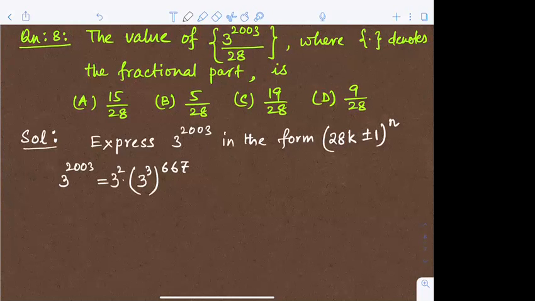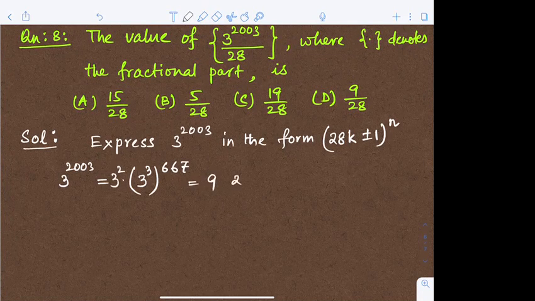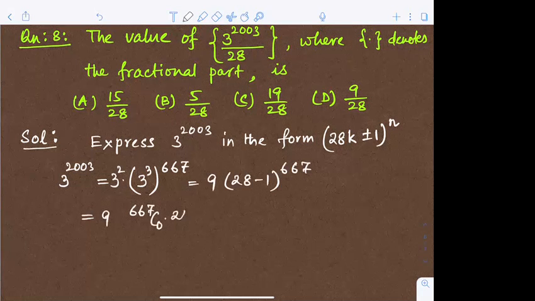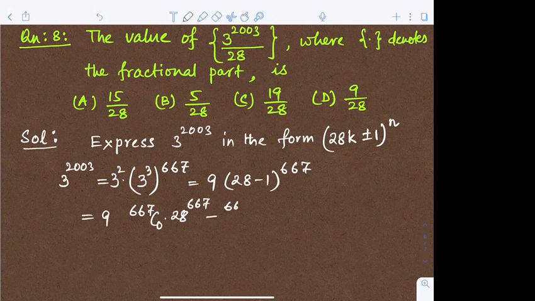Now this is nothing but 9 into (27) to the power 667, that is 9 into (28 minus 1) whole to the power 667, which when expanded gives 9 times [667C0 28 to the power 667 minus 667C1 into 28 to the power 666 plus dot dot dot] like this.